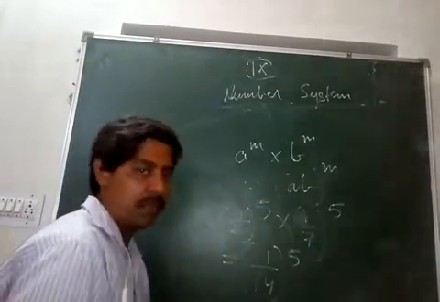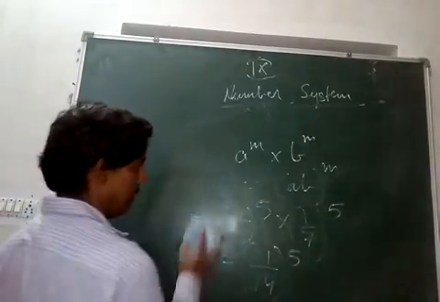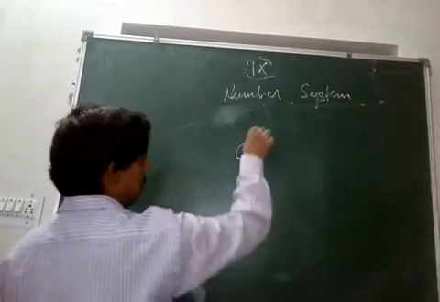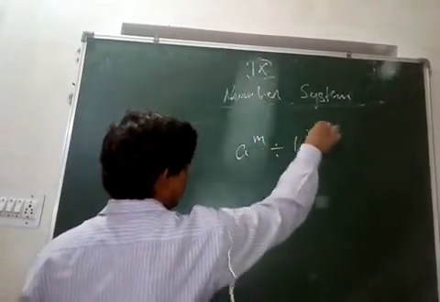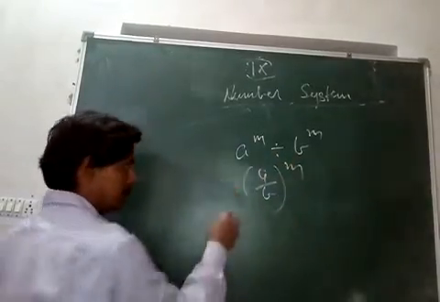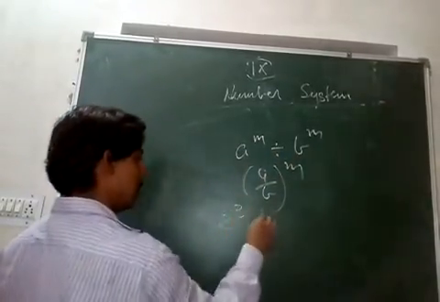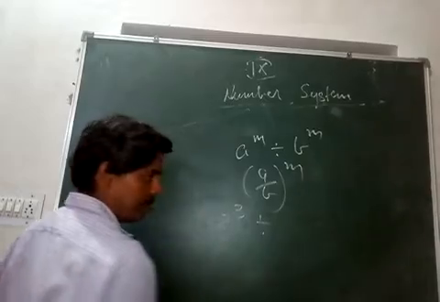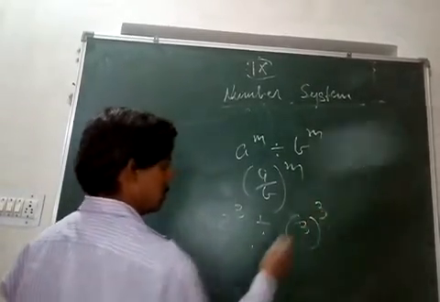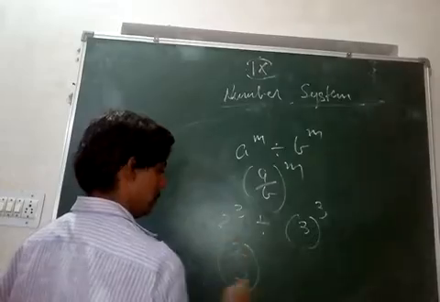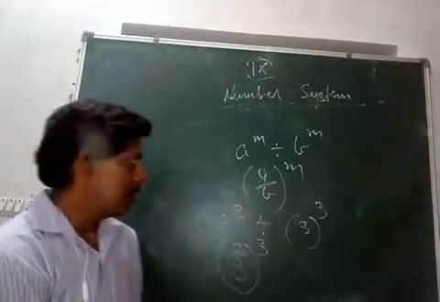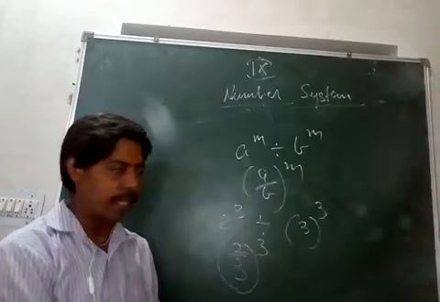Similarly, this is also for division, a to the power m divided by b to the power m. It is same as a upon b to the power m. Somebody says 2 to the power 3 divided by, suppose I write, 3 to the power 3. So this is 2 upon 3 to the power 3. So if you remember these laws of exponents, then you can try the next exercise also, right?